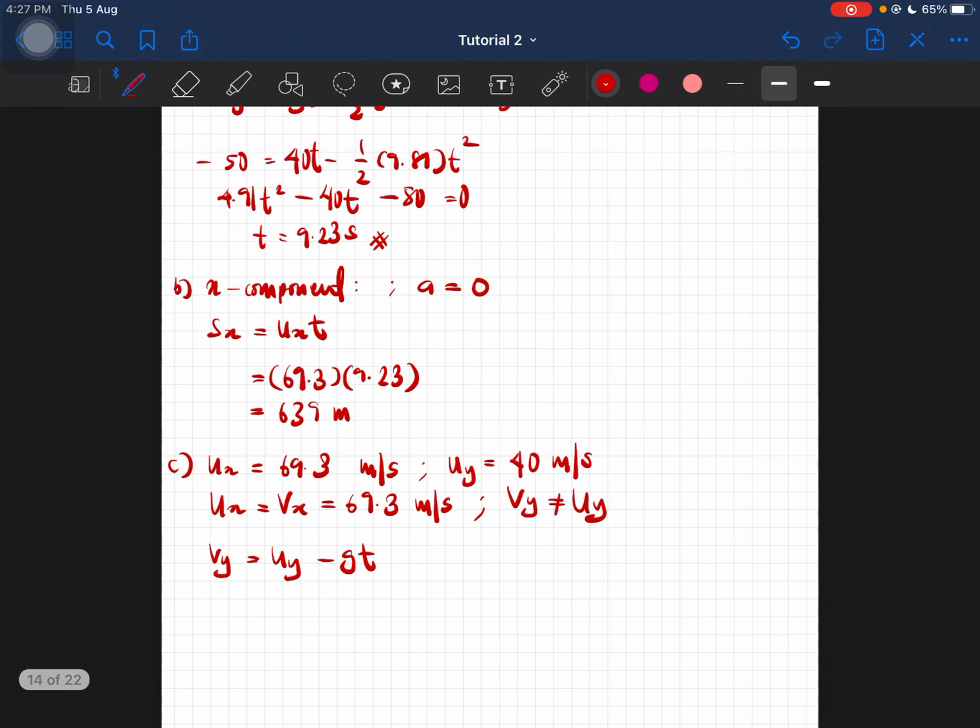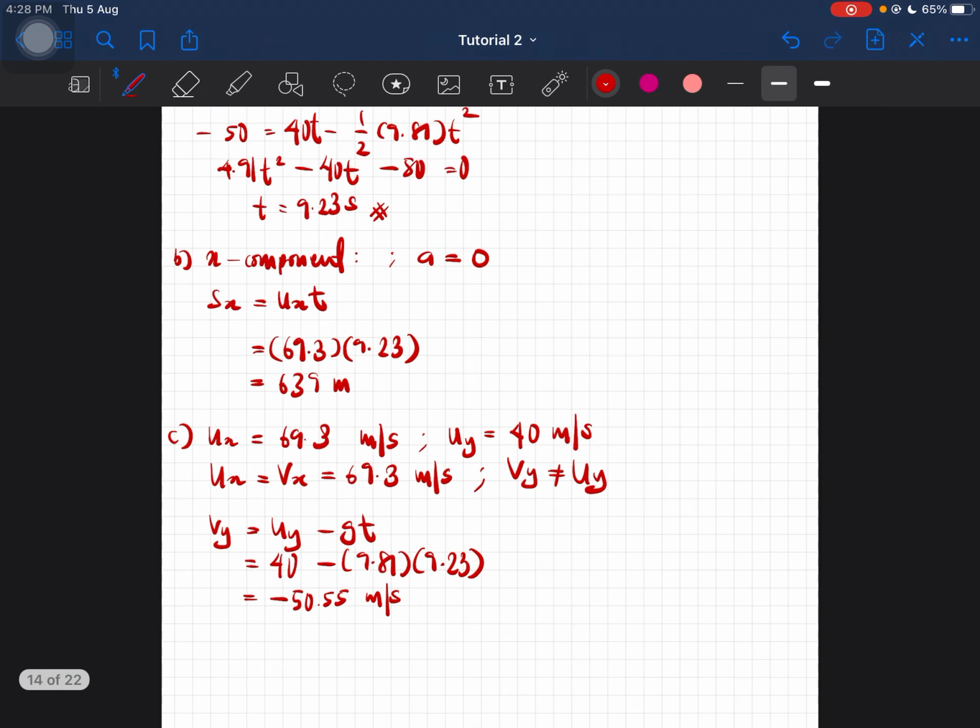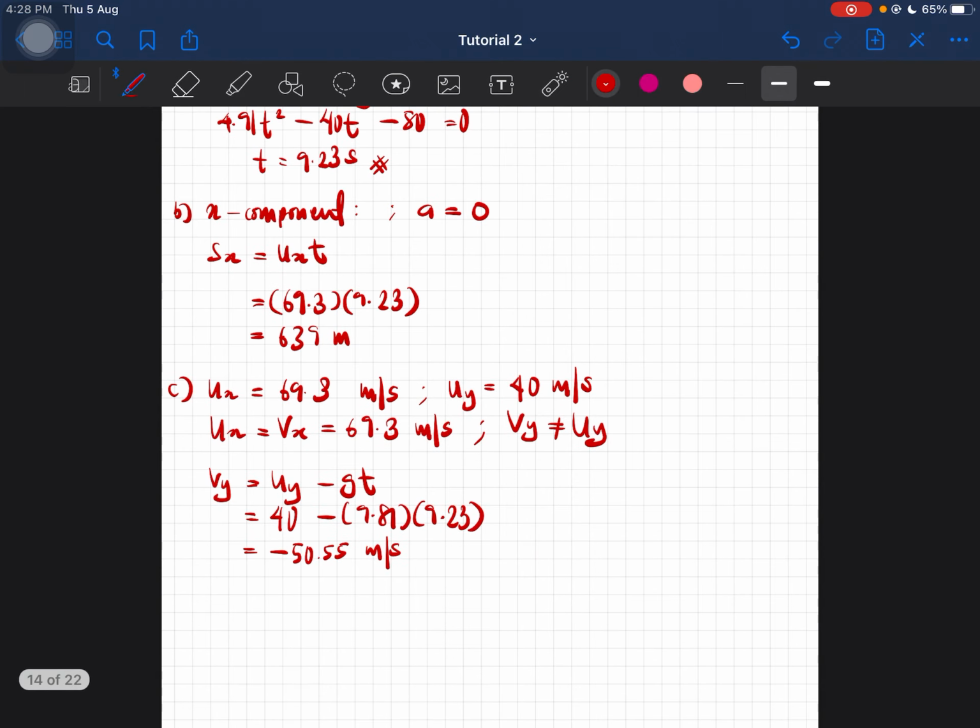Okay, so from this we can find the final velocity at the vertical component to be 40 minus 9.81 times 9.23. So this is negative 50.55 meter per second. The negative is telling us the direction of the velocity, which is going down.